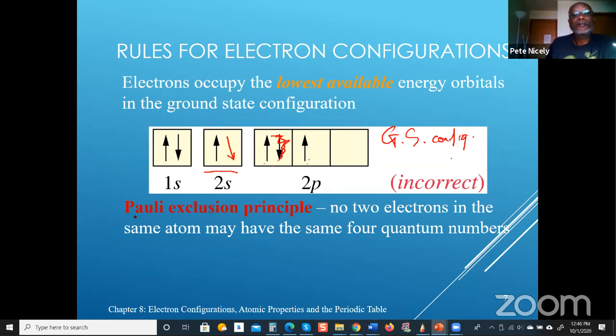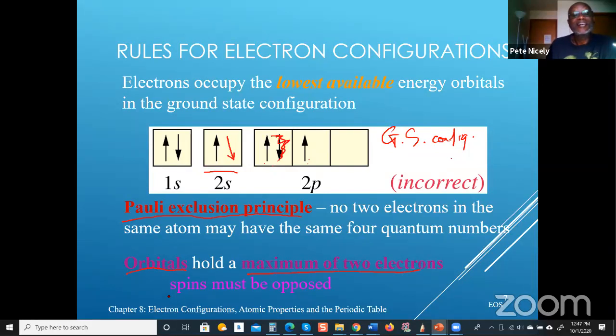Okay, right. So let's talk about this important rule, the Pauli exclusion principle. This rule says no 2 electrons in the same atom may have the same 4 quantum numbers. Basically what that means is that in any electron configuration, whether it's ground state or not, each orbital can only have a maximum of 2 electrons.